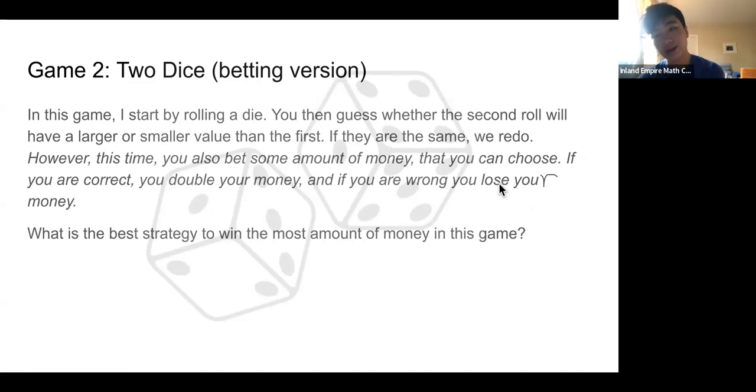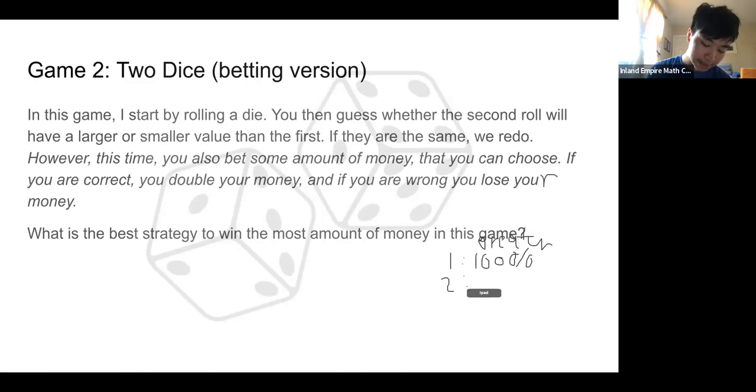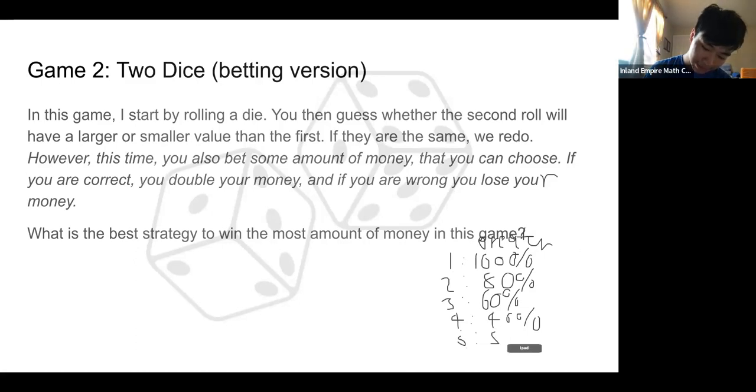But that is quite complicated, so I think that just based on what we did before with the 20%, 100%: if there's a 1, there's a 100% chance of it being greater. 2, it's 80% chance. 3 is 60. 4 is 40%. 5 is 20% chance. 6 is 0% chance.